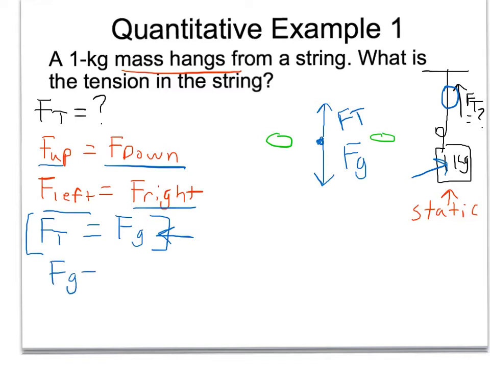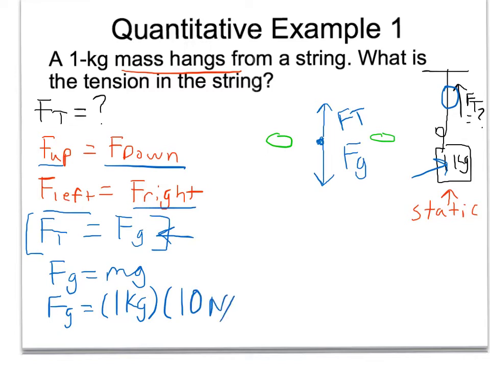Fg equals mg. Fg equals 1 kilogram times, on Earth, g is about 10 newtons per kilogram. Therefore, Fg is about 10 newtons. And since Ft equals Fg, therefore, Ft is about 10 newtons.